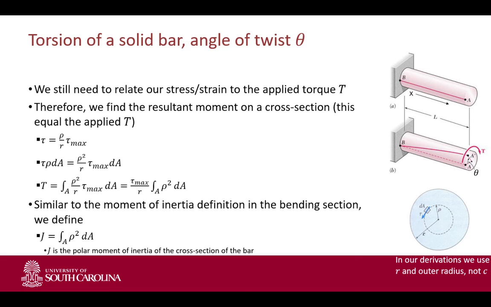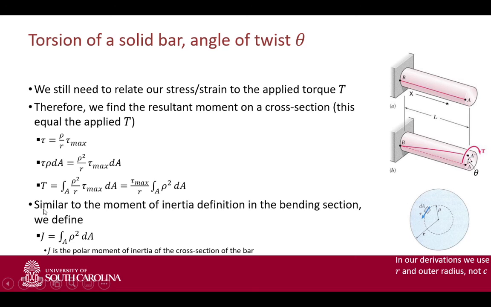We know that the maximum shear stress is non-zero, or at least a constant not varying with the area. We know that r is also a variable that doesn't vary with dA. So we can take tau max over r out of the integral, and we can define the torque as equal to tau max over r multiplied by the integral of rho squared dA.